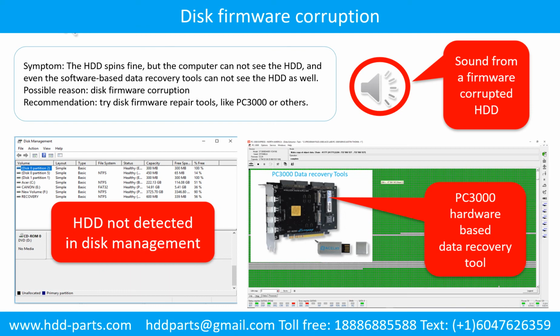Recommendation: try disk firmware repair tools like PC3000 or others. The following is the sound from one of the hard drive which experienced disk firmware corruption. It sounds like a good hard drive, but the computer cannot detect hard drive.